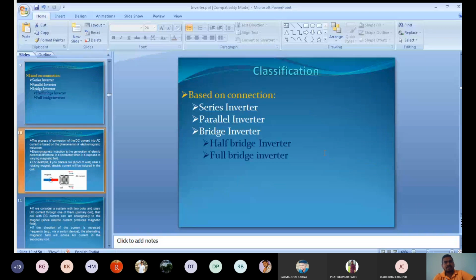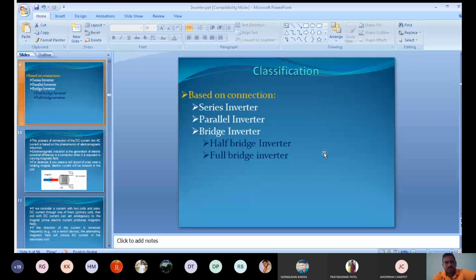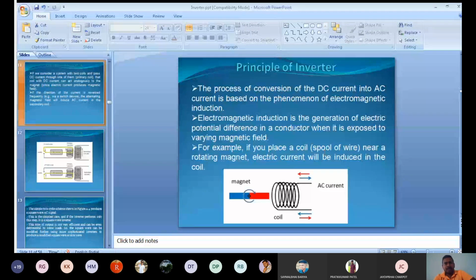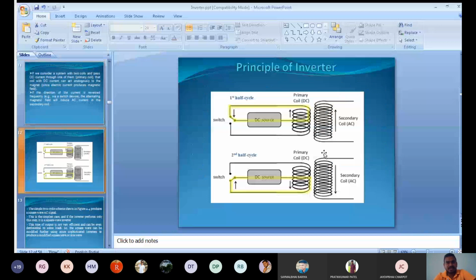Based on connection we have series inverter, parallel inverter and bridge inverter. Bridge inverter is classified into half bridge and full bridge inverter. Then the principle of inverter, that is electromagnetic induction, on which the inverter operates. This is the basic principle circuit of an inverter.